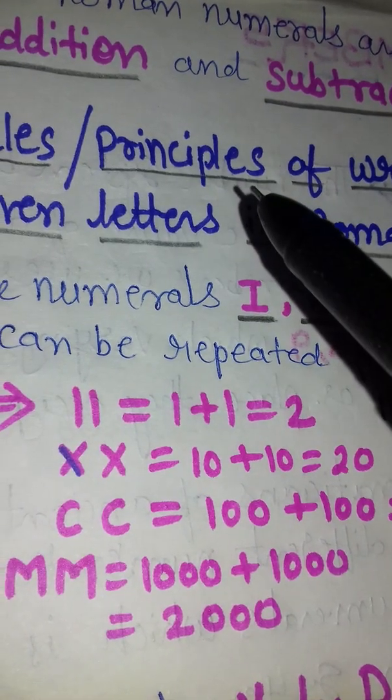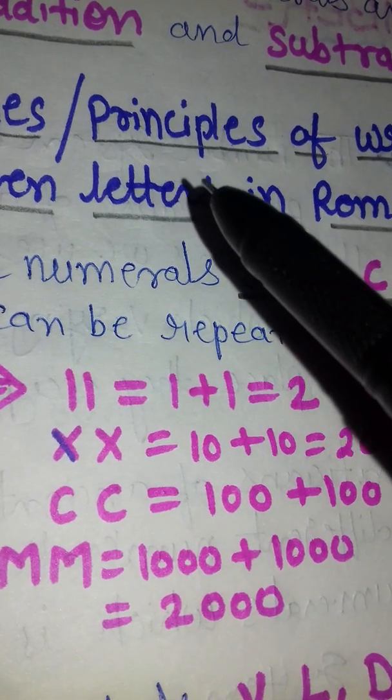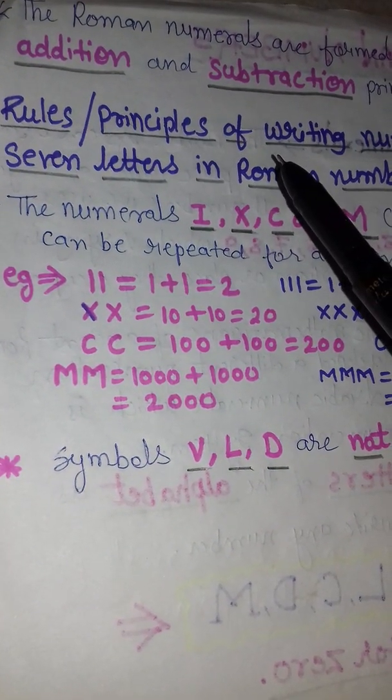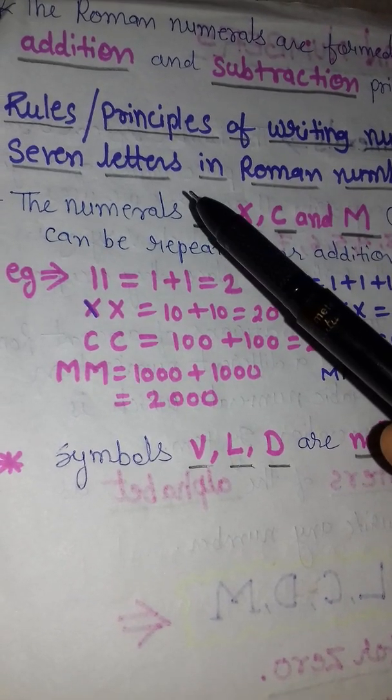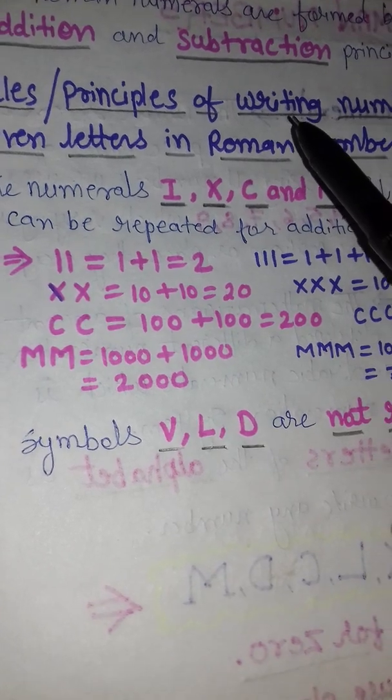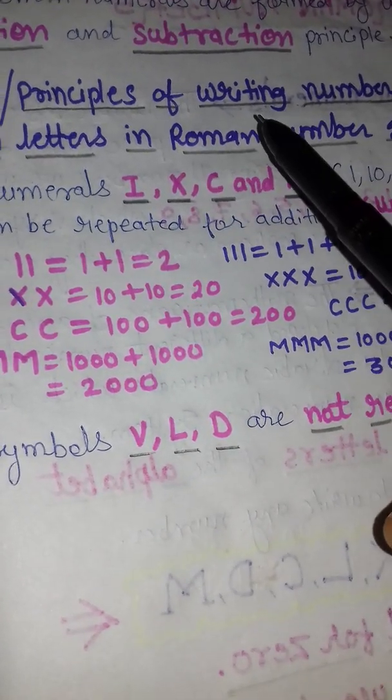According to these principles, numbers are formed in the Roman number system. So how are we adding or subtracting these symbols? There are some rules for adding and subtracting the symbols in the Roman number system.